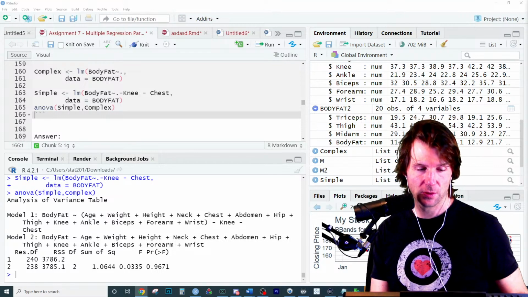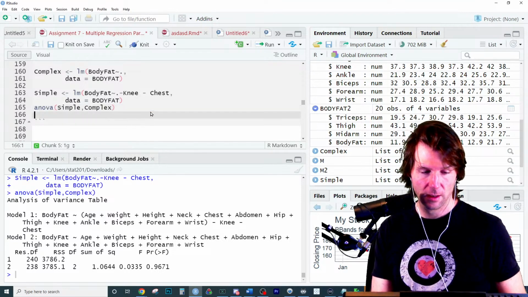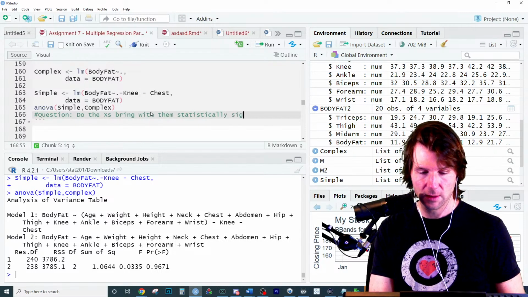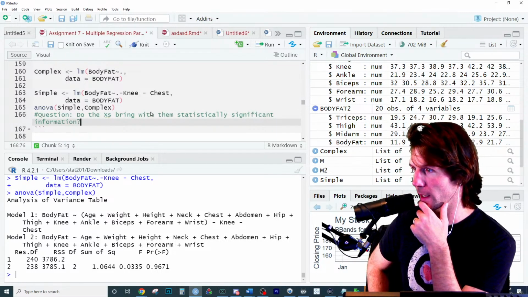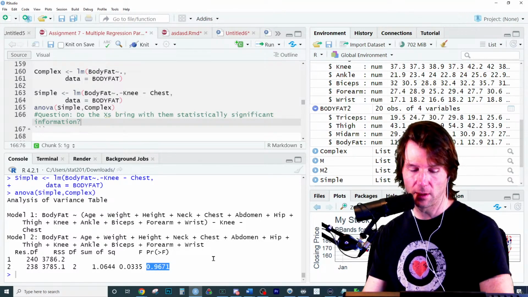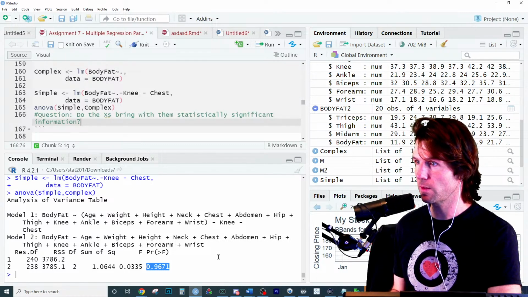So here's the question this asks: do the x's bring with them statistically significant information? So if you're answering that question, you've got it correct. So do the new x's in the complex model bring with them statistically significant information? No. Does that make sense?